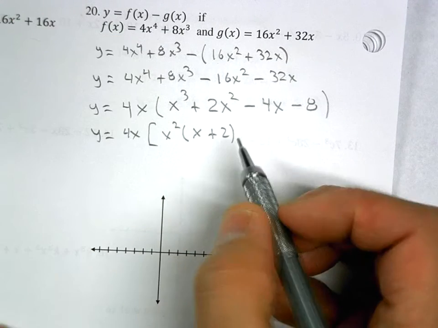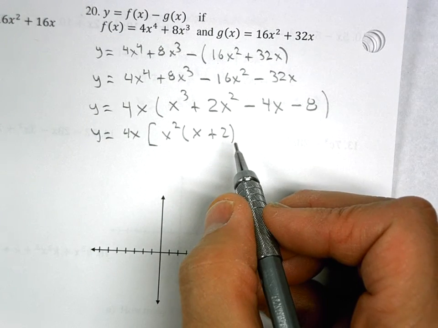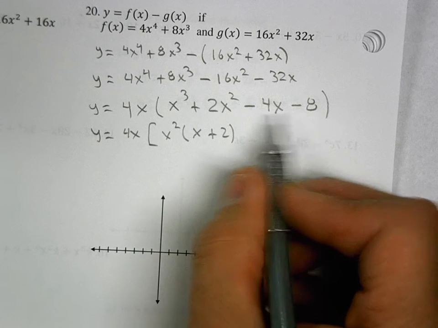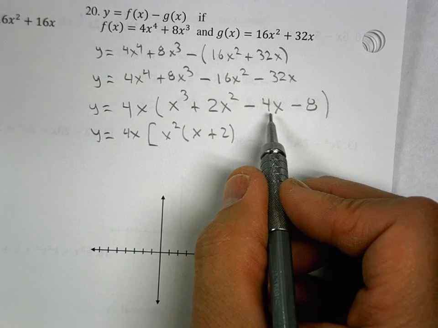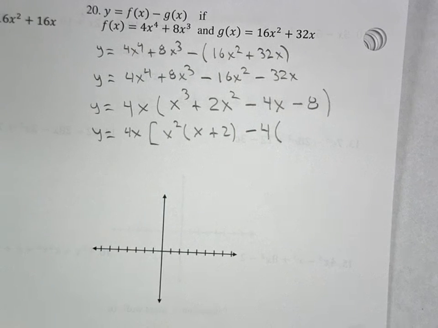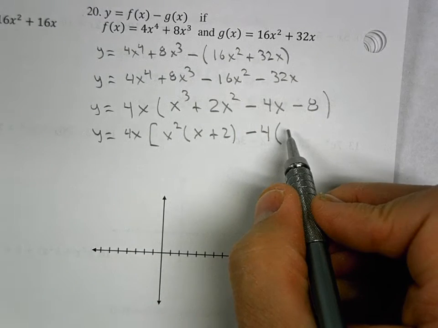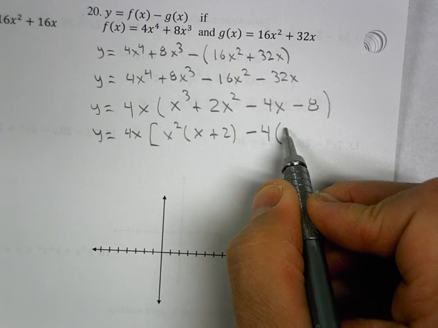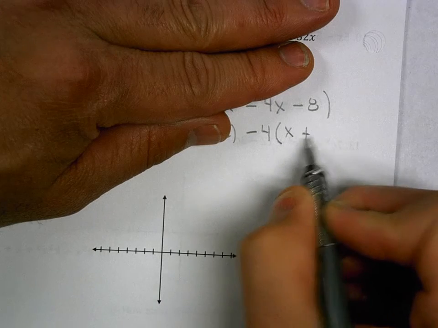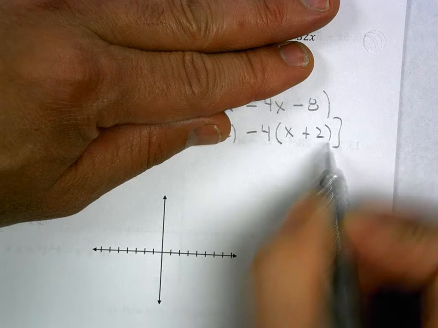Okay, what about these other 2? What do you want to factor out? We can factor out a 4. Well, let's factor out a negative 4. So I'll put minus 4. Okay, what do we have left after we take that out? x plus 2. That's negative 4x minus 8.